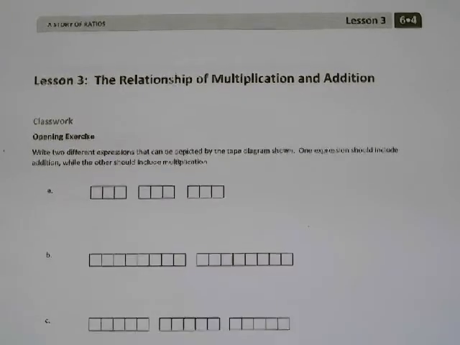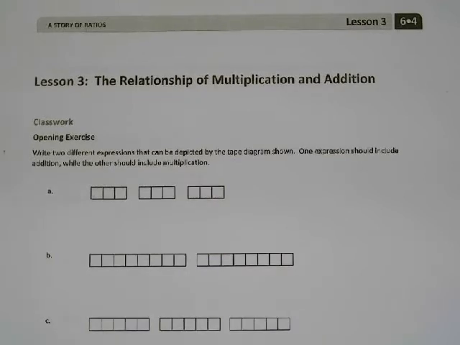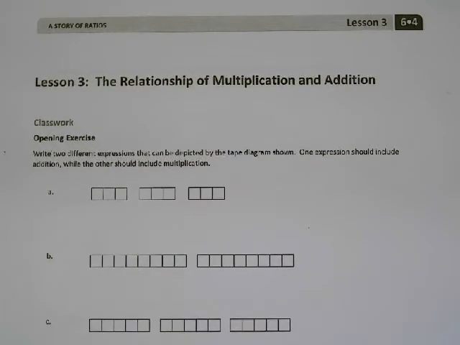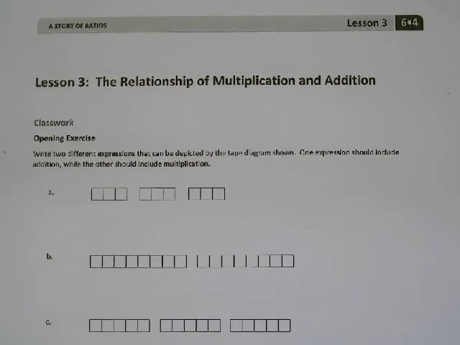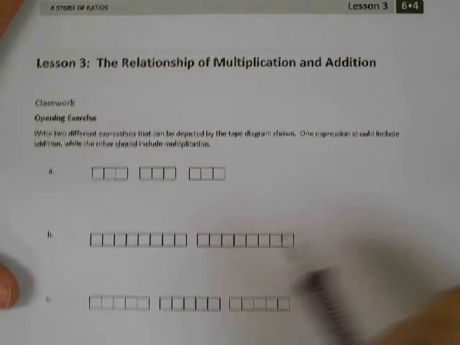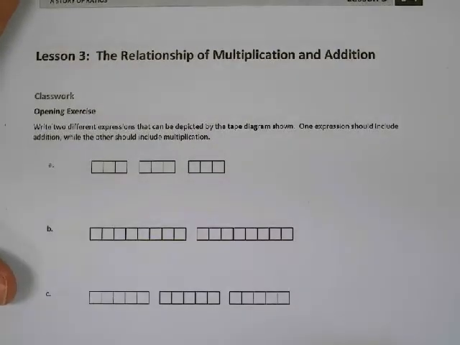Remember, an expression is a number sentence that can include variables and operations, but no equal sign. If it has an equal sign, then that's an equation. So let's look at this opening exercise and do this together. It says write 2 different expressions that can be depicted by the tape diagram shown. One expression should include addition and the other should include multiplication.